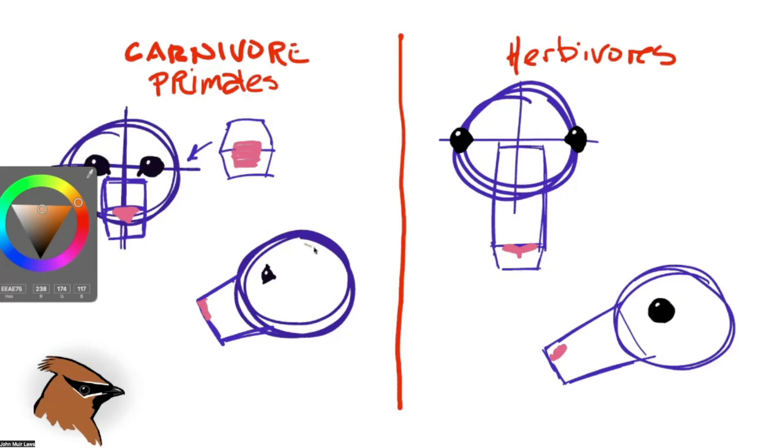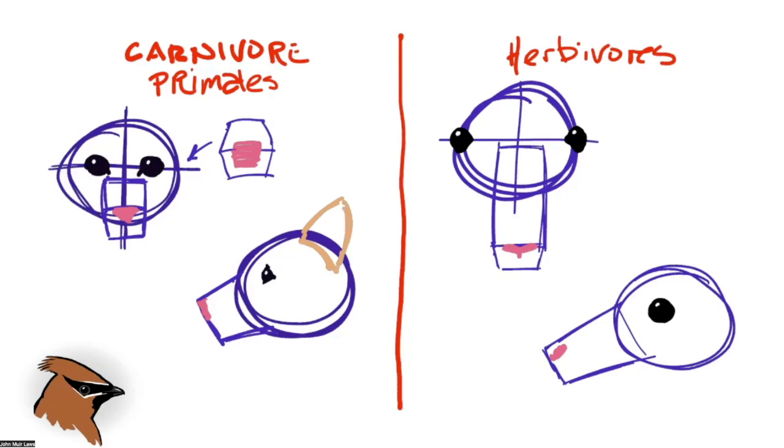Think of the ears on our carnivore here attaching along the top side of the head. So notice along the top, we're going nose, eye, ear.